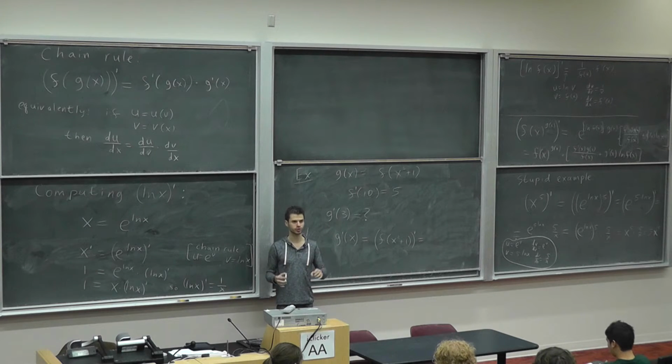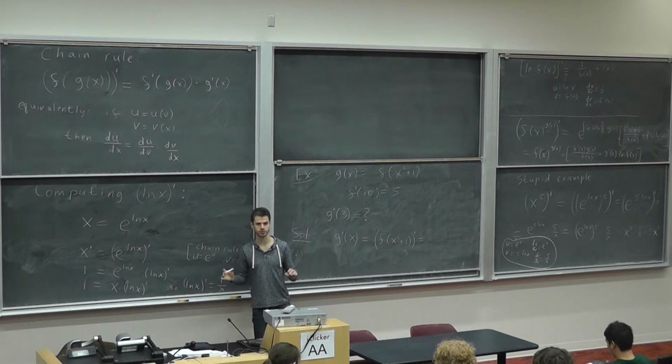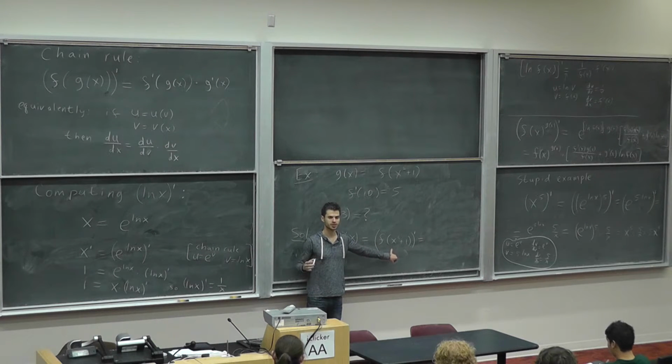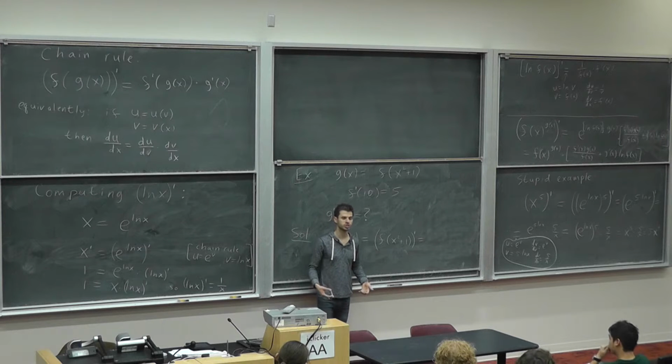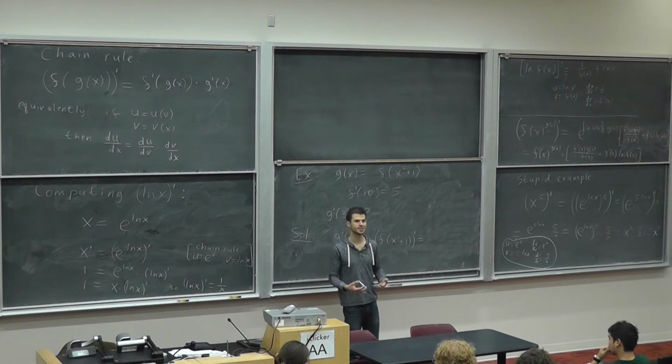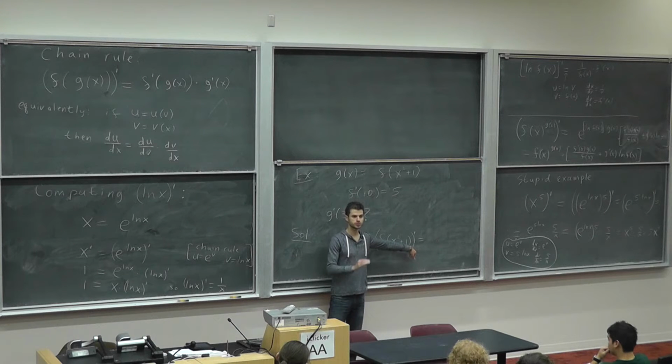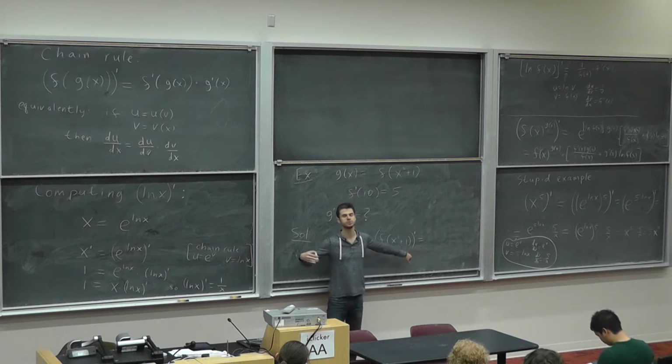It wouldn't be the product of sine and x squared plus 1. So it's not the product. What is it? It's the composition. The last operation that I'm performing is computation of the value of f at some point, but this point is not x. This point is some expression in terms of x.